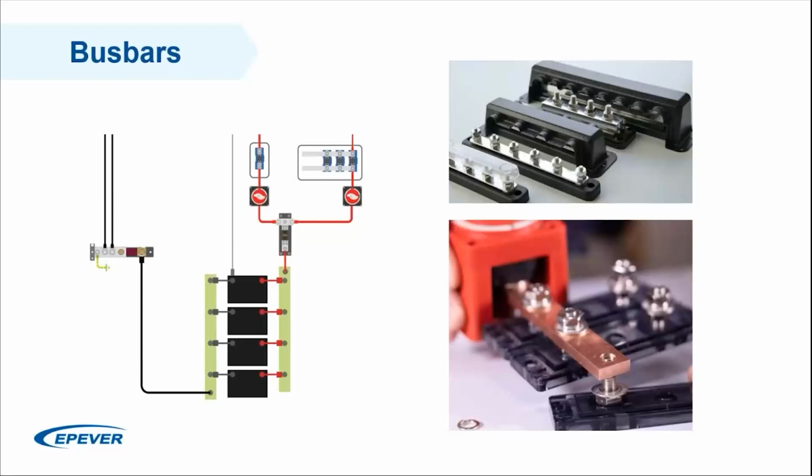Busbars are like cables, only they are rigid metal bars. For convenience, some busbars include fuse holders as well. So if you can see, there's a fuse holder, then they have connected some sort of fuses for each component that is going to be connected to the battery.